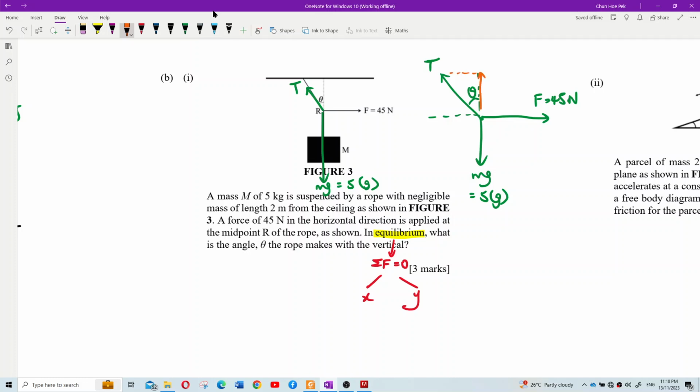So we can resolve the forces, class. Tension can be resolved: this is T cos theta, and this is T sine theta.